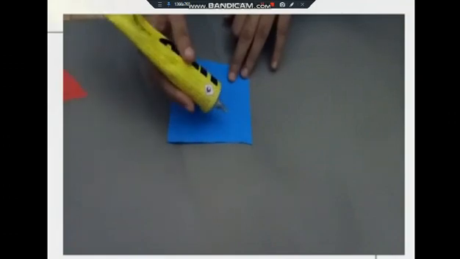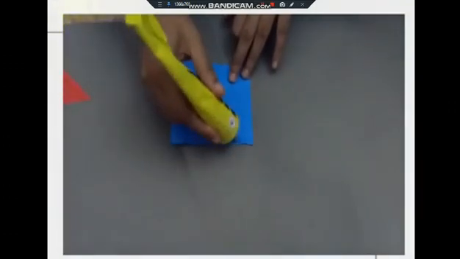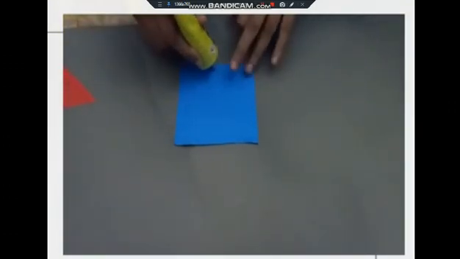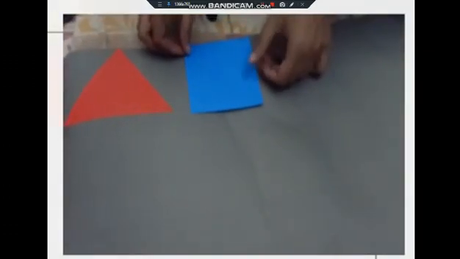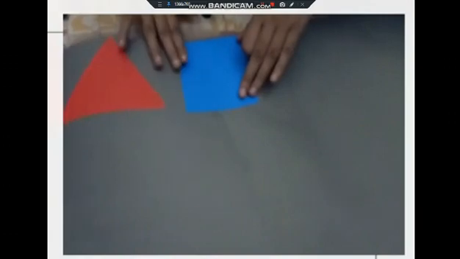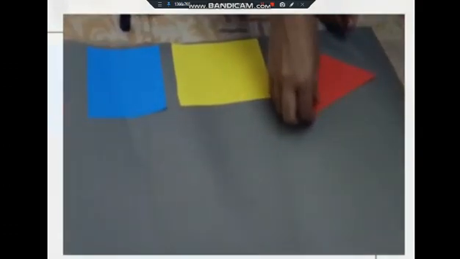Now we paste the square. We are going to make a shape pattern on the hard sheet. After the square, we are going to paste the rectangle. Then again triangle.